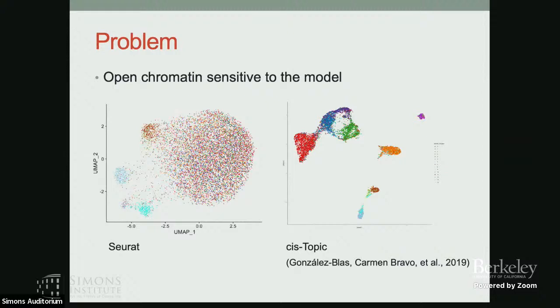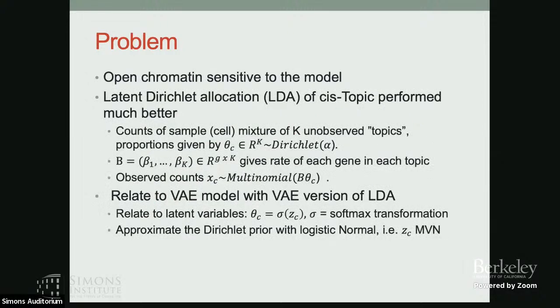And so we adapted further to try to take advantage of what cisTopic uses, which is a latent Dirichlet allocation model. If you're not familiar with that, I'll just briefly describe it. It's created in the context of documents, where the counts you observe are the frequency of words in a document.